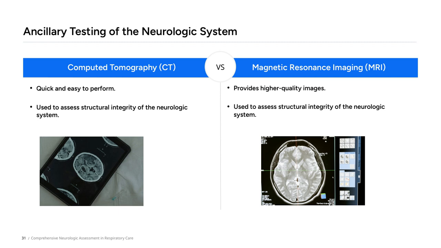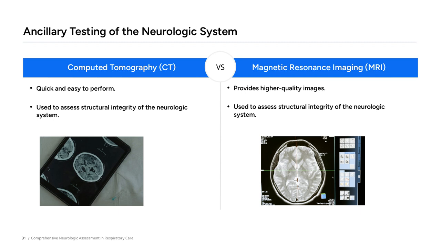On the other hand, CT scans are used to assess the structural integrity of the neurologic system as well, but they are typically quicker and easier to perform. This speed can be very advantageous in emergency situations where rapid assessment is needed. When comparing MRI and CT, remember that each has its strengths, and the choice often depends on the clinical context.